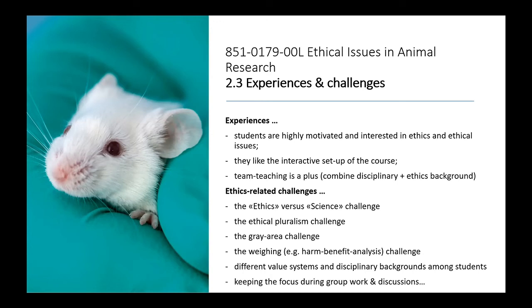And maybe an aspect of ethics-related challenges. The difference between ethics and science is something which is puzzling and troubling for students, at least for some. It's hard to accept that there are so many competing normative theories, and there is no universally accepted normative theory.